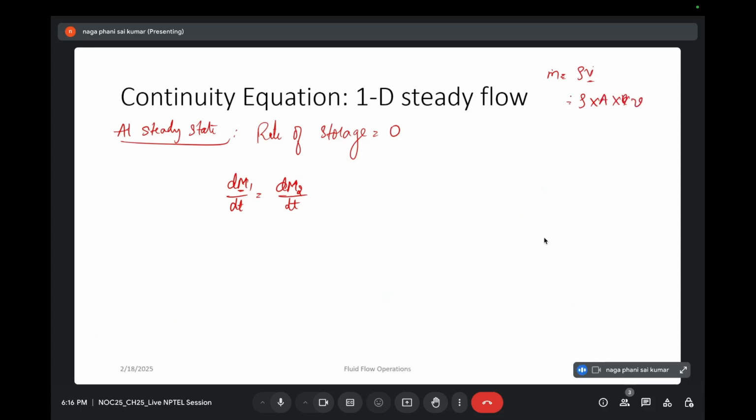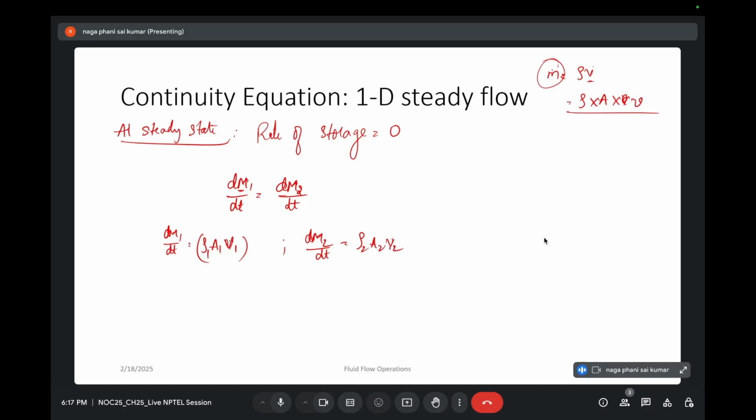Same thing I'll do. Instead of mass, I'll take density into area into velocity. So dm1 by dt will be equal to ρ1 A1 V1, and dm2 by dt will be equal to ρ2 A2 V2.